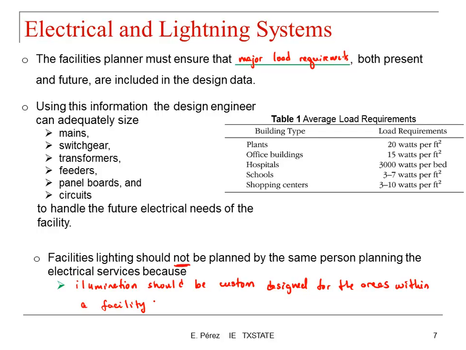So this goes back to the areas: if you're doing some specific operations, let's say assembling a very small electrical component or product, you might need more lighting in your area. But if you're managing, let's say, a warehouse or other type of area in which you don't require that much lighting, then the requirements will be different.